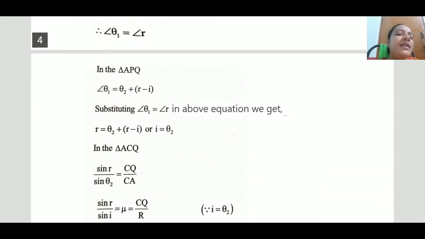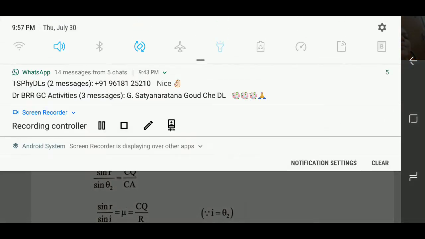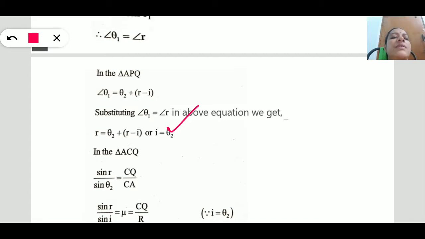Similarly, in the same figure, if we take this triangle APQ, angle theta 1 is equal to theta 2 plus R minus I. Already theta 1 is equal to R, so substituting this, we get R is equal to theta 2 plus R minus I, or I is equal to theta 2.